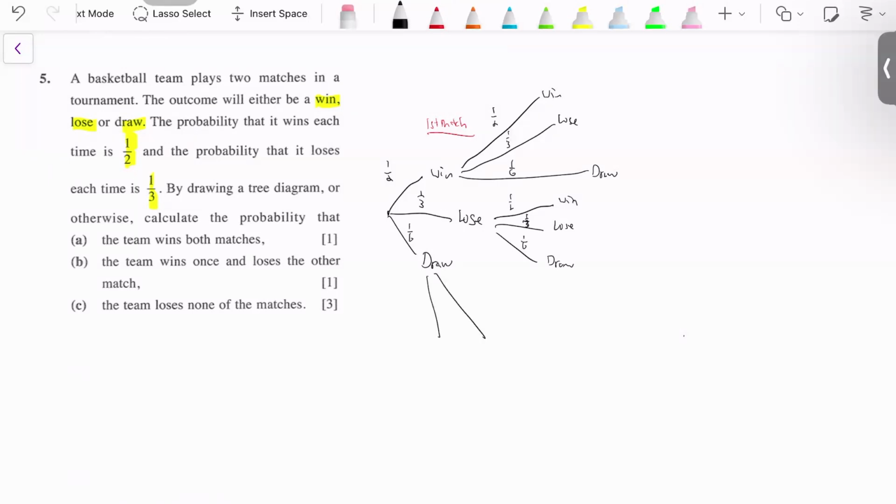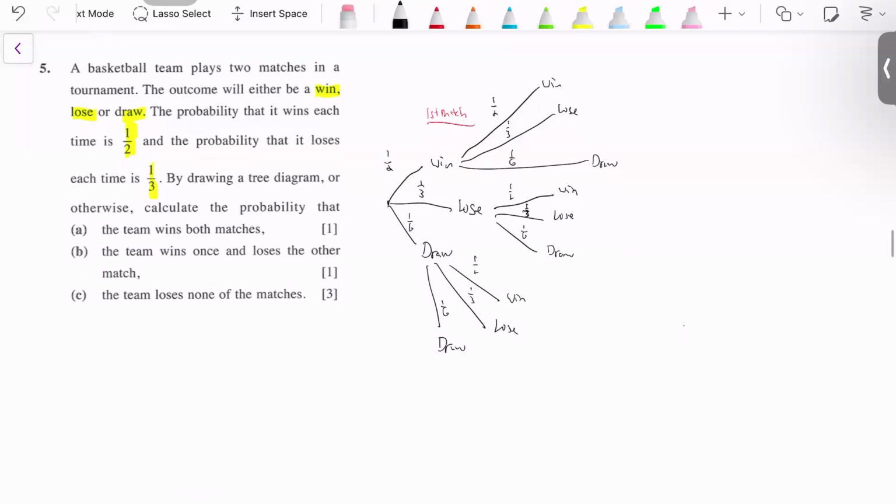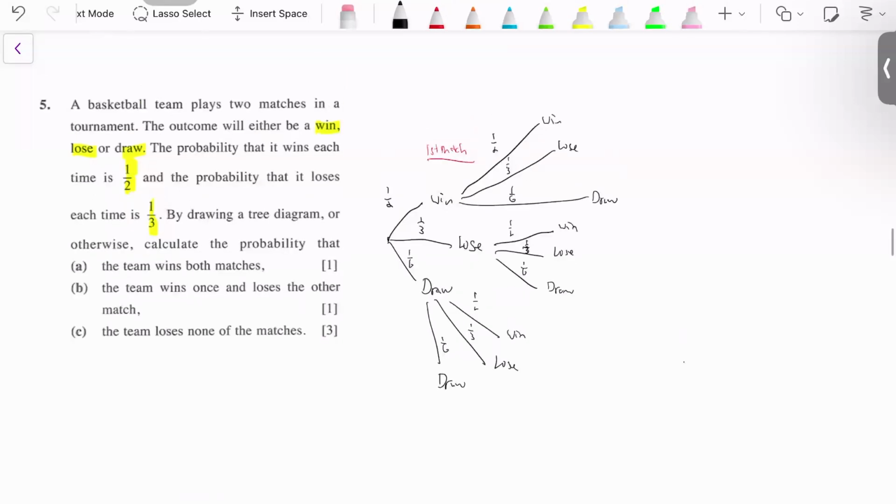Same for the last one. Win, lose, draw. Half, 1/3, 1/6. So this is our probability diagram, and this is our second match. Based on this, they want you to solve the question.